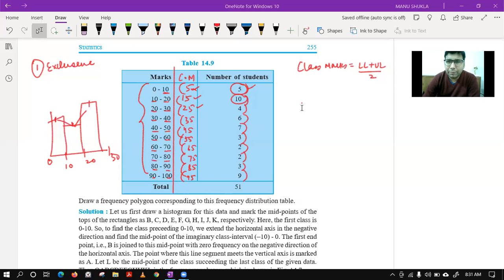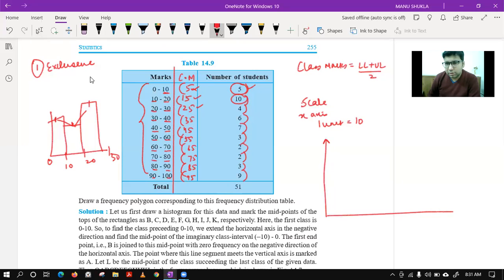Okay, let me tell you what will happen if you take 1 unit equal to 10. See, the scale we are taking on the x-axis: 1 unit is equal to, suppose we have taken, 10 marks. Now see what will happen if we go like this.